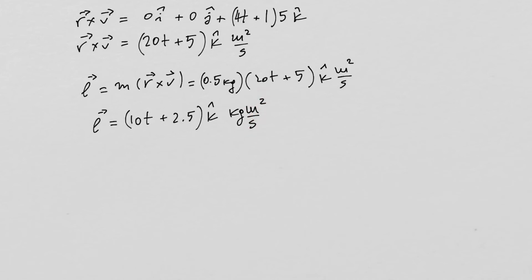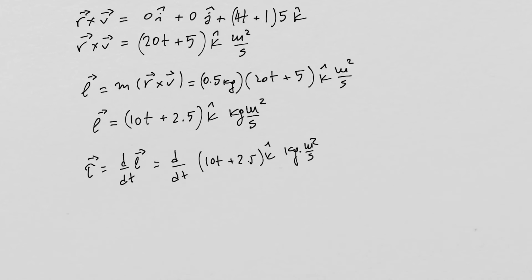To find the torque that's acting on this particle, I simply must take the time derivative of this expression for the angular momentum. So the torque is equal to dL/dt, or that is d/dt of (10t plus 2.5) k hat kilograms meters squared per second.